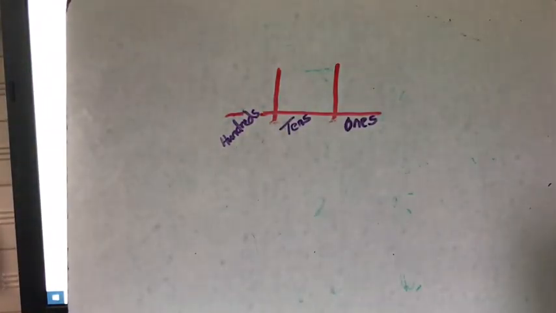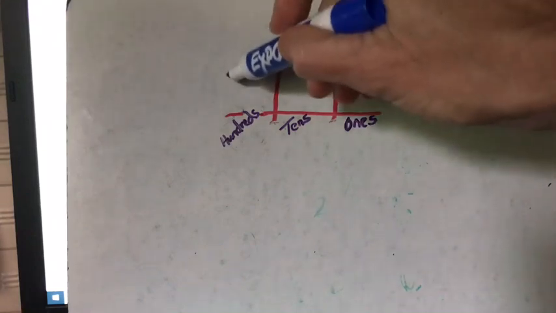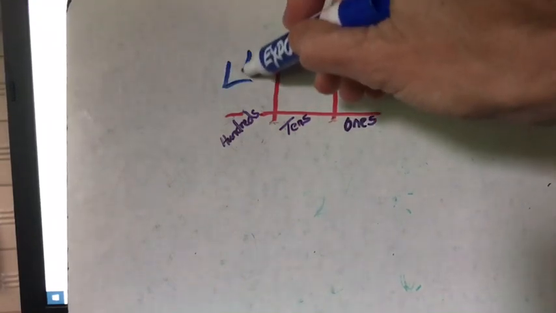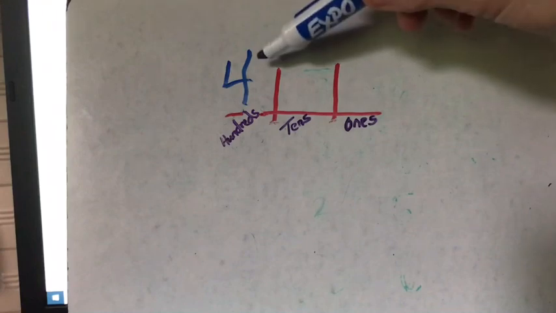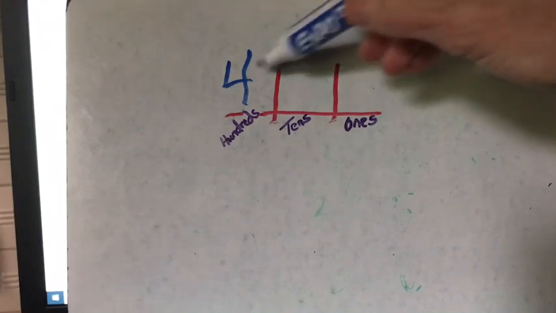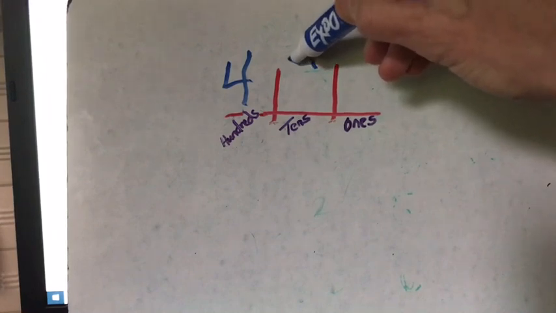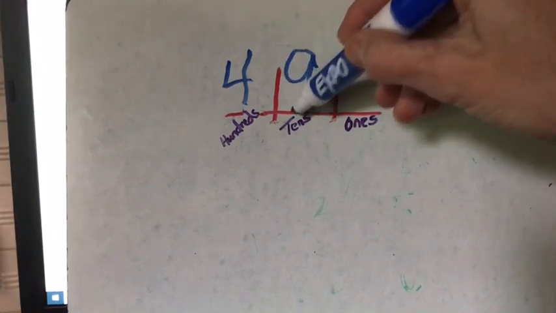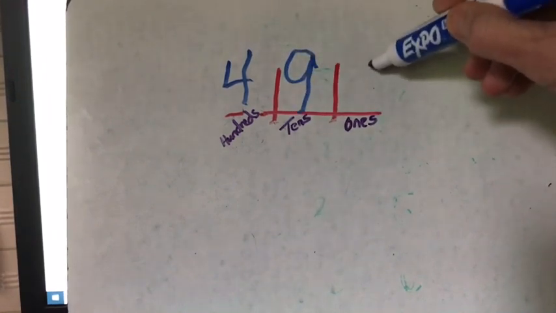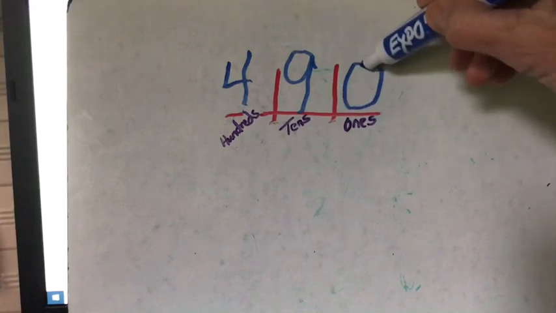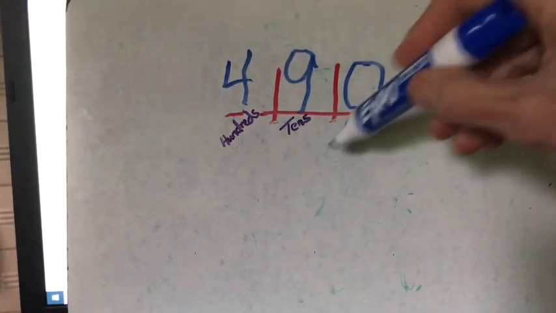Let's look at placing 490. When I say the number 400, 4 goes in the hundreds place, and I say 90, 90 is the same thing as 9 tens, and I didn't have anything to say when I said the ones.